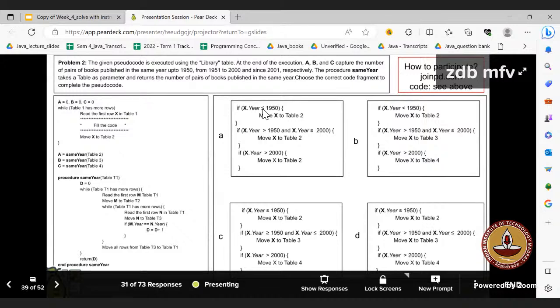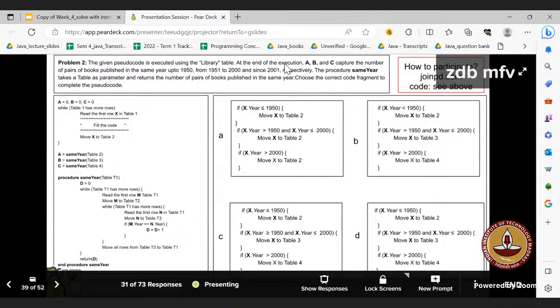So the cards should be moved to a separate table. A should be storing that. So basically this procedure same year is used to find the number of pairs of books which are published in the same year. So for A, we should pass cards till 1950. For B, we should pass cards from 1951 to 2000.